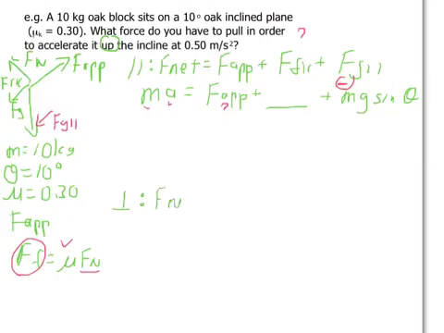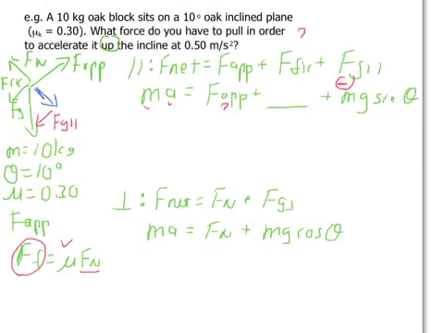F net equals Fn plus Fg perpendicular. Replace F net with ma. Fn is still Fn. Fg perpendicular we can substitute with mg cos theta. We're substituting, so let's check for signs. Fg perpendicular is acting down or negative in our direction. So technically, this should be negative.